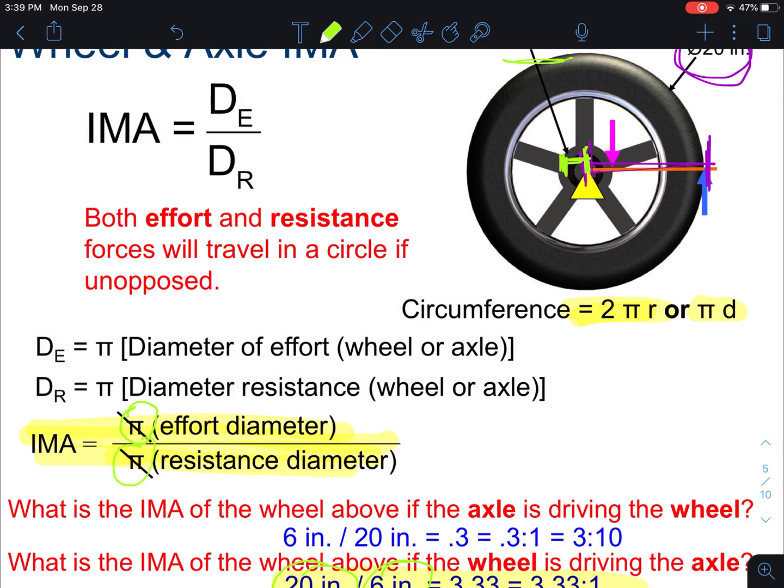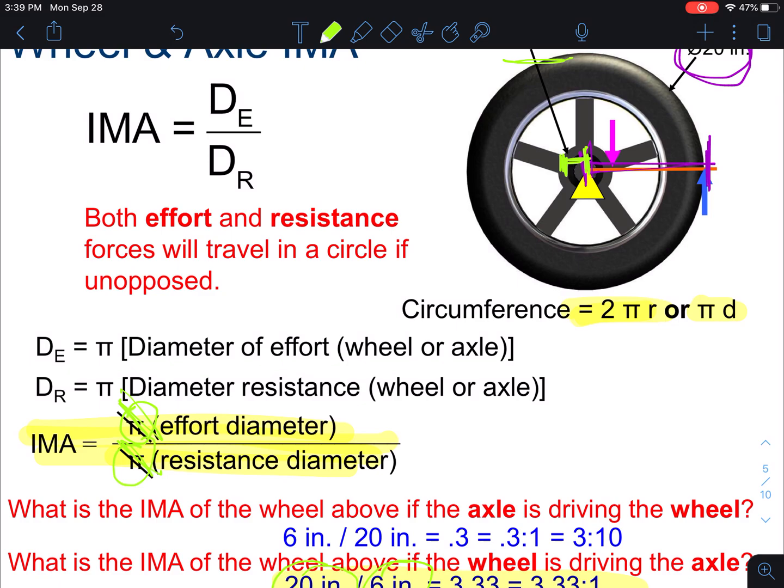Well, pi cancels out, as you can see right here. So all we're left with is our effort diameter divided by your resistance diameter, or we could say our effort radius divided by our resistance radius, because it's going to give you the same answer.